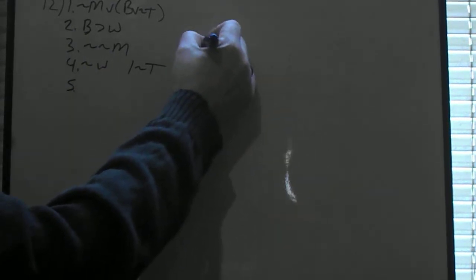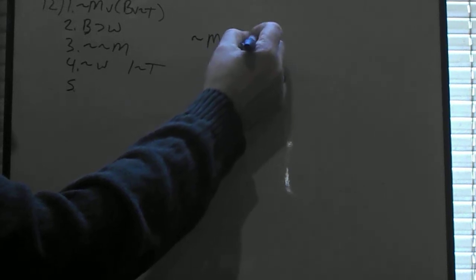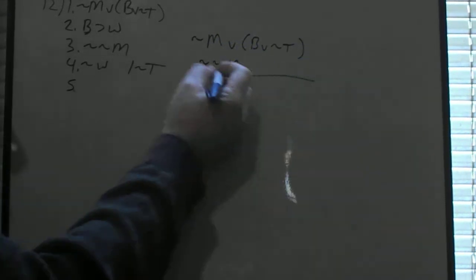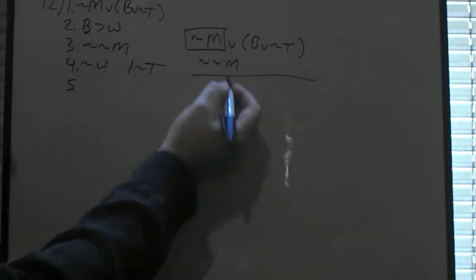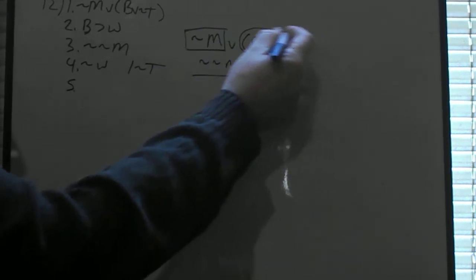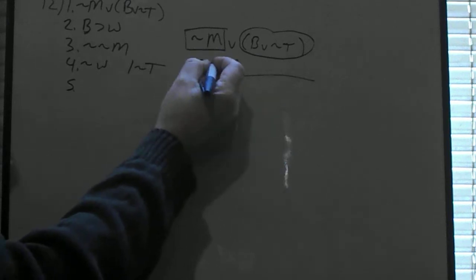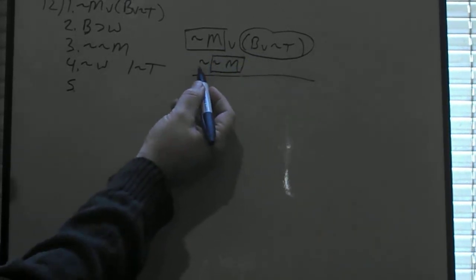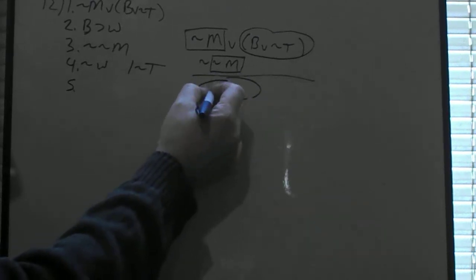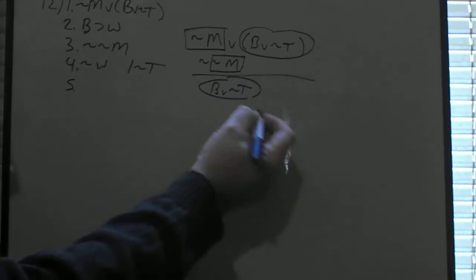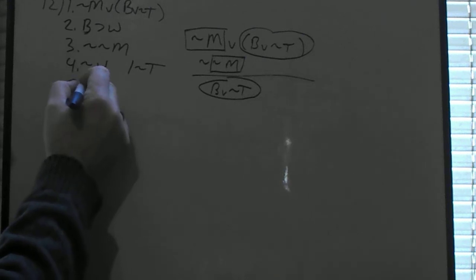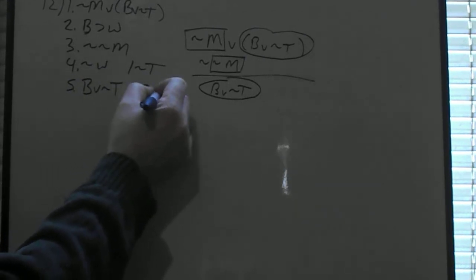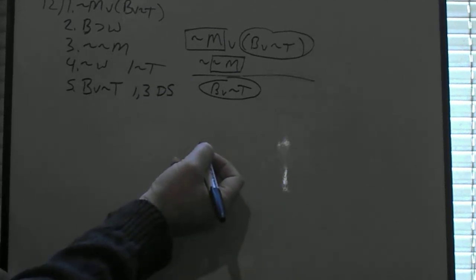So just to visualize this again, not M or B or not T, not M. The square is the not M, the circle is B or not T. Not M is the square. So it's square or circle. It's not the square, so it has to be the circle, which is B or not T. And so we got that from 1 and 3, disjunctive syllogism.